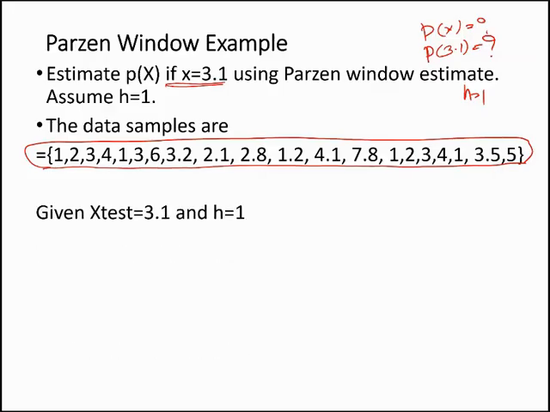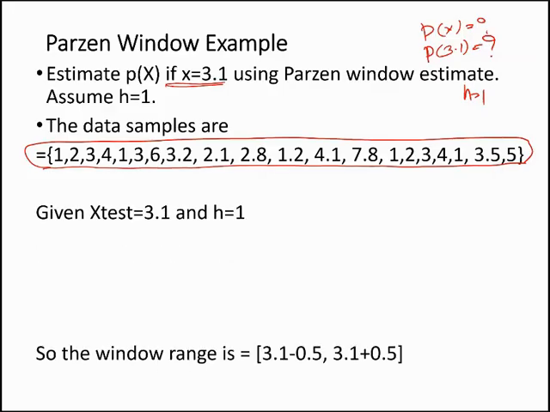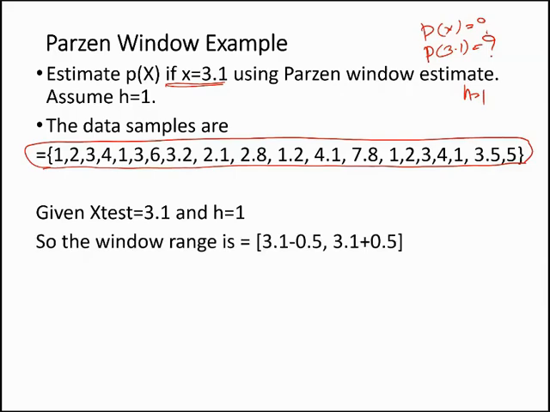Only data is with you. Now what we do, given this, is first of all find out the window range. H is given to us, so we take the width equal to 1. As we are centering things around 3.1, and this is 1D data, we will go 0.5 to this side and 0.5 to that side, so that the total width is 1.